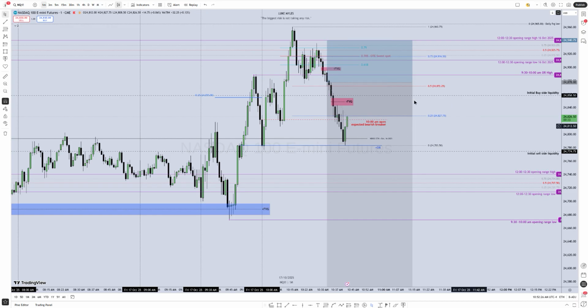So the market respecting this range between the 0.25 and 0.5 would be my best case scenario, but if we happen to trade into premium, I'm also fine with that. So my stop loss is literally above the optimal trade entry right now.